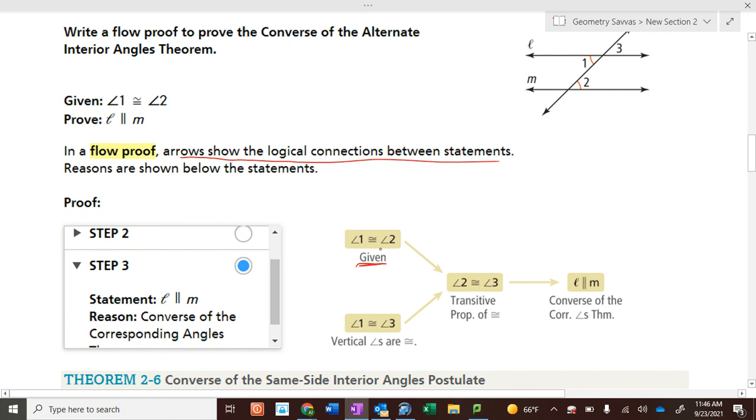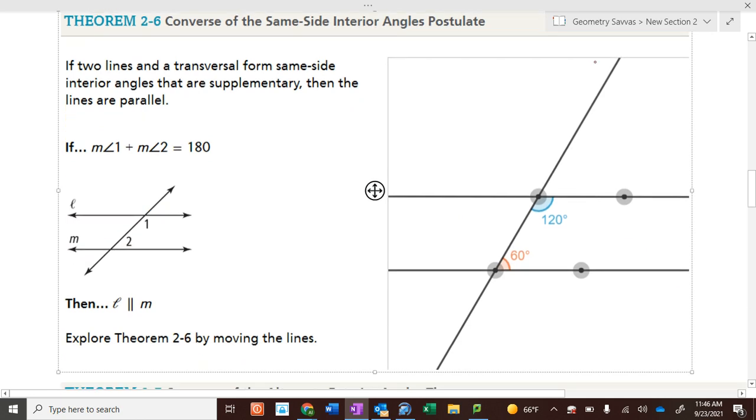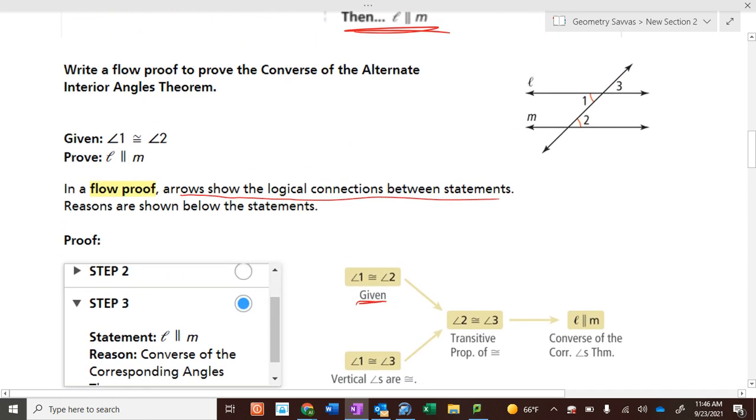So we are given that angle 1 is congruent to angle 2 up here, okay? We can also figure out that angle 1 is congruent to angle 3 because they're vertical angles. Now, what can I say about 3 and 2? Well, those are what types of angles? Corresponding angles. And since 1 is congruent to 2 and 1 is congruent to 3, we know 2 is congruent to 3 by the transitive property.